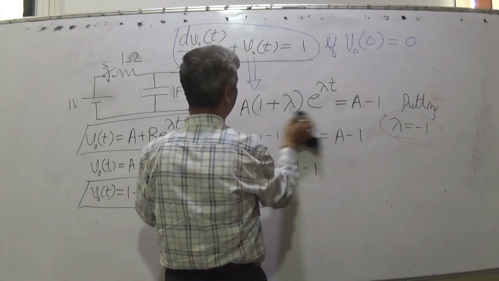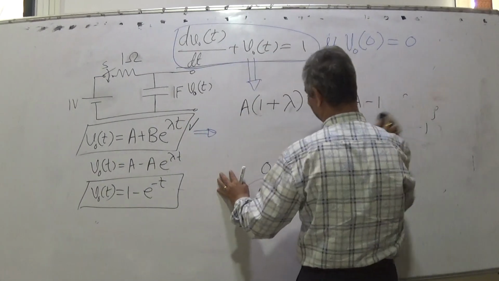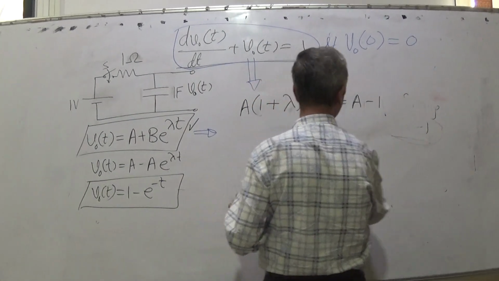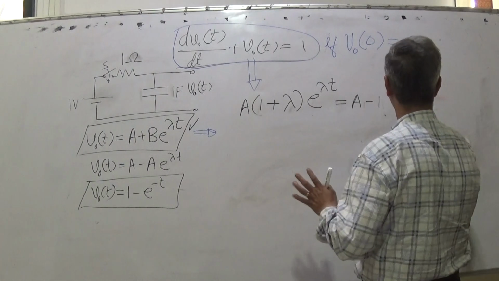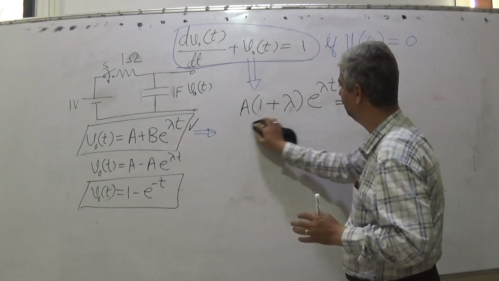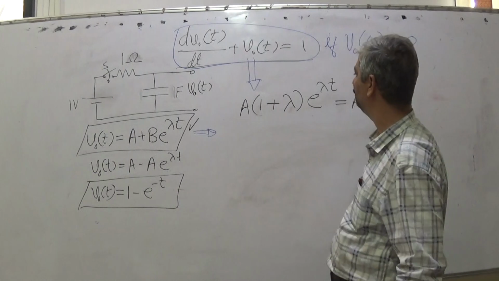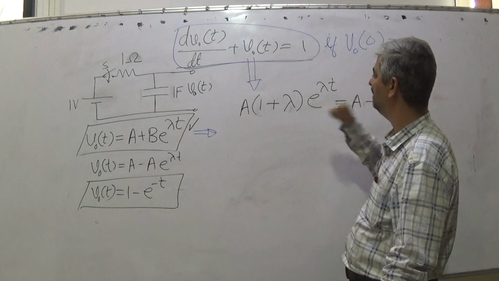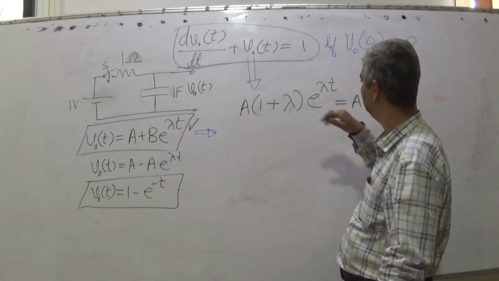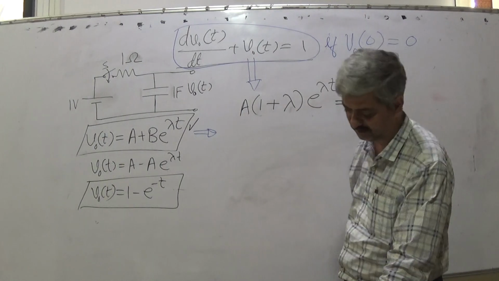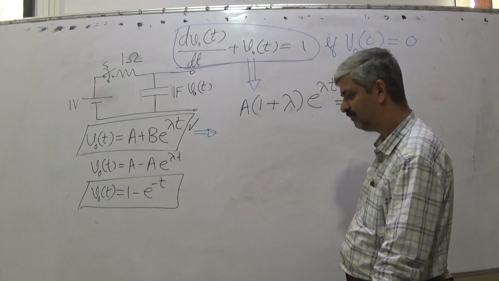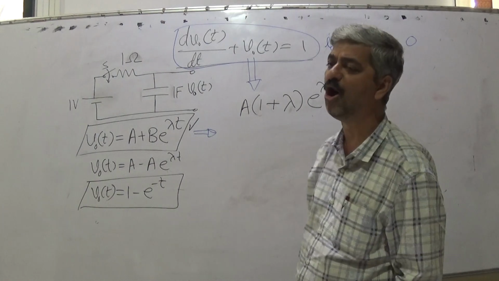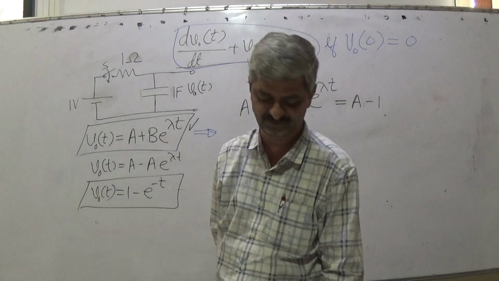Now there is a simple way, with no need for all these three solutions. The moment you get an equation which consists of one exponential term and others are non-exponential terms, one simple thing you can do is remove all exponential terms.